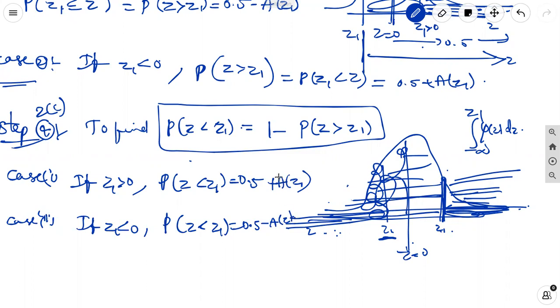These are very important for finding the area from the table of the normal curve, from 0 to x minus mu by sigma. From this only we can find the probability values and the area values.